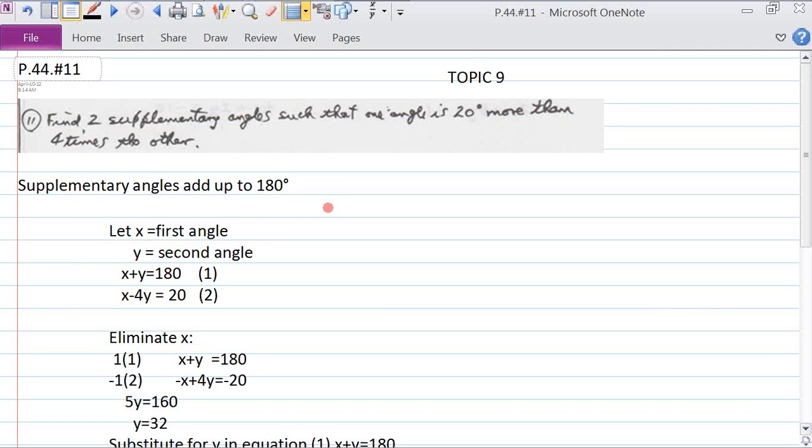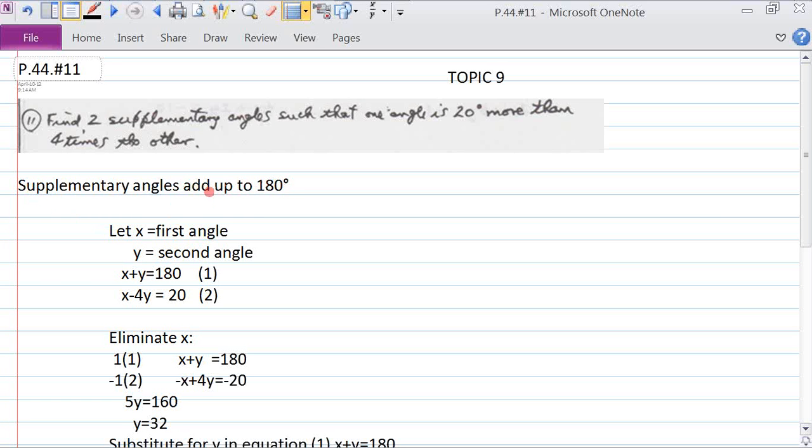Now, the last problem that we're going to do on page 44, we're asked to find the values of two angles. Find two supplementary angles such that one angle is 20 more than 4 times the other. So supplementary angles, just to review this, add up to 180 degrees. Complementary add up to 90.